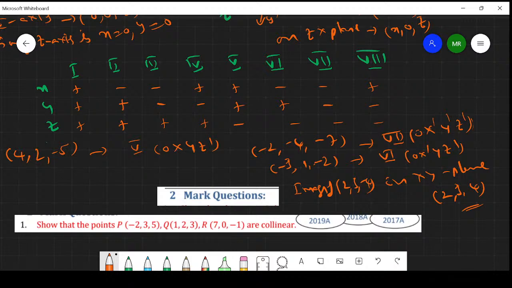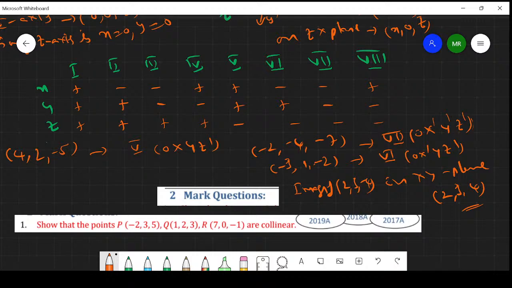From the point P to the xy plane, you can find the distance easily. They may also ask from the point P to the zx plane, from the point P to the yz plane. Like that they will ask to find the distances, so you should be familiar with that. Easily you can find that.